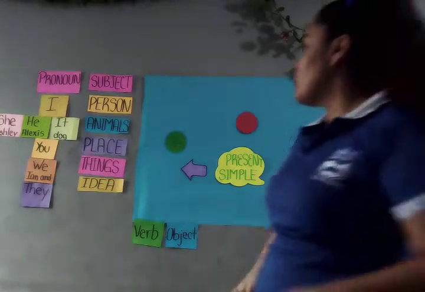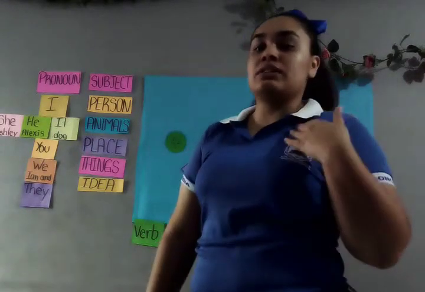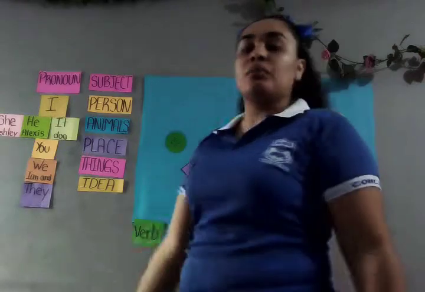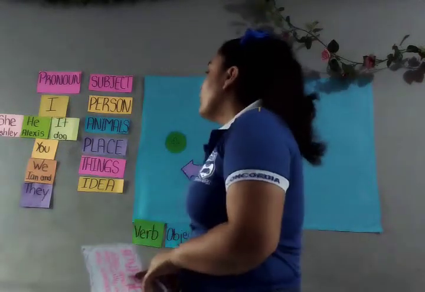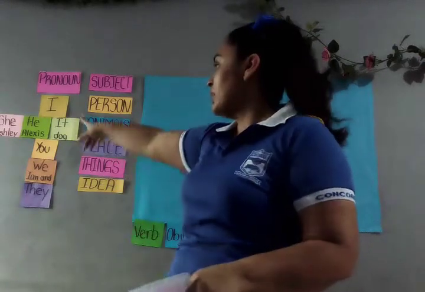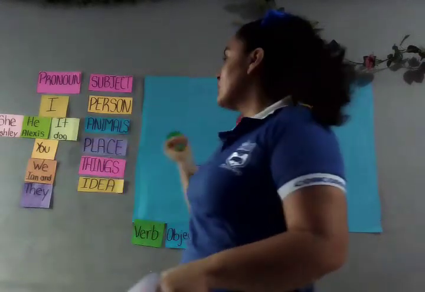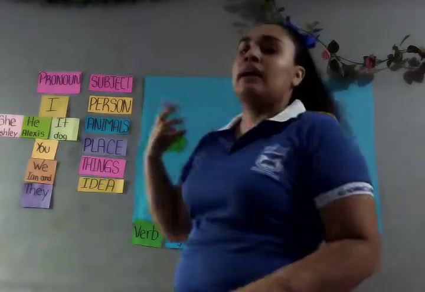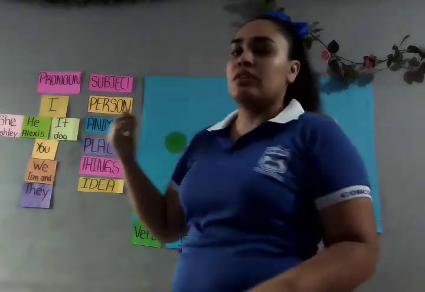Okay? So now that we already know what the subject is, you can use a pronoun or you can use the name of a person. For example, when we talk about she, we can change it for Ashley, or for example he, Alexis. It can be a dog.